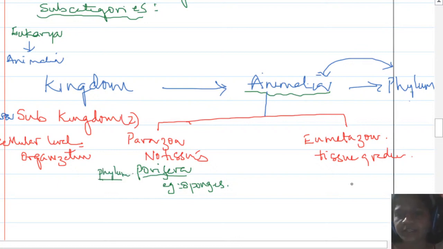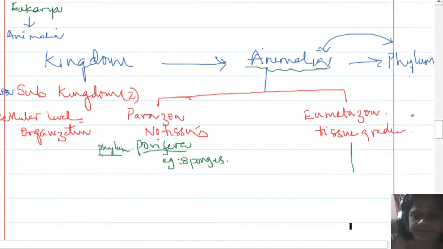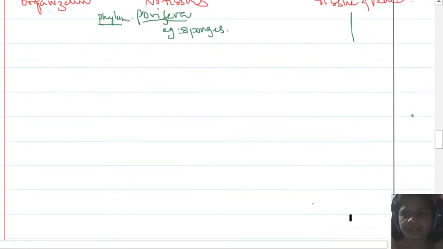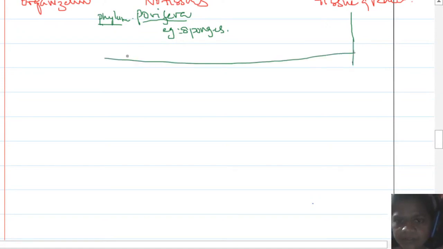So the next one is Eumetazoa. What do we see in Eumetazoa? Now the Eumetazoa also has two grades. One is radiata, the other one is bilateria.